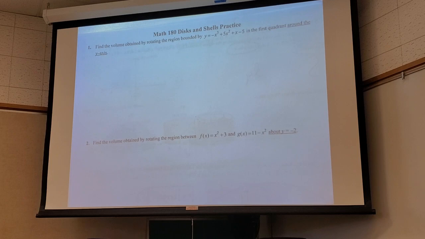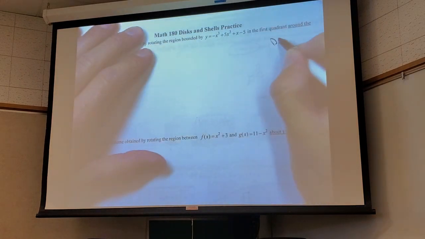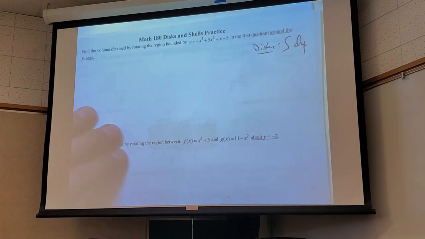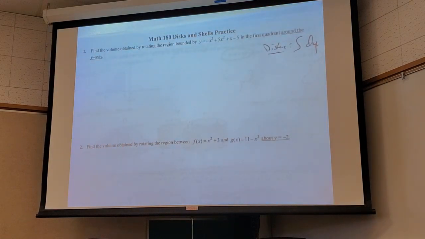Write down what discs would need. You're not saying it's going to be discs, you're just writing down what discs would need. Can I give discs what it needs? No, I can't, because I need to be able to make that a function of y. Like we said earlier, you technically could, but you never want to.